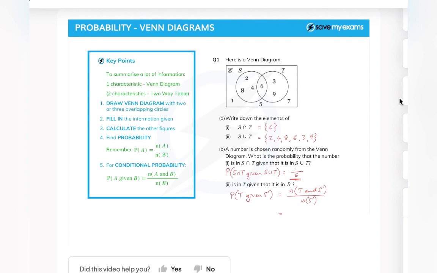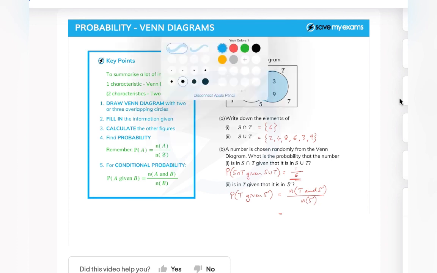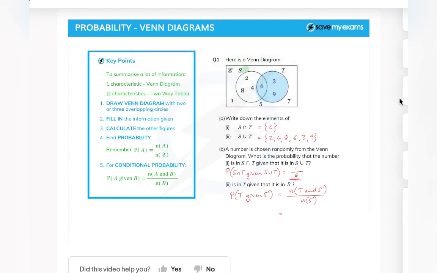So we've got T is this one here, and then not S is, if I shade in a different colour, everything outside S, which is all of this, and we're looking for the number of elements in the overlap between my shaded area, and that is 2. Okay, just the 3 and the 9. And then how many are in not S in my green shaded area?